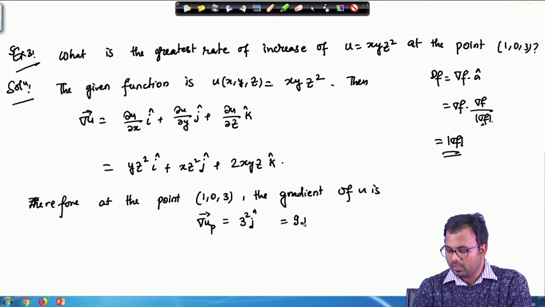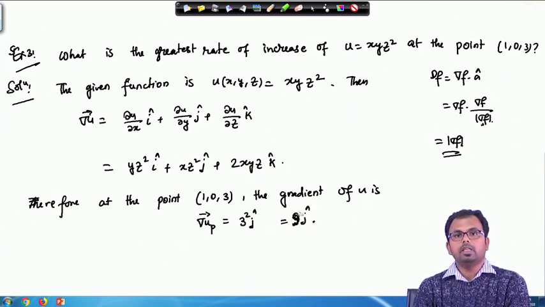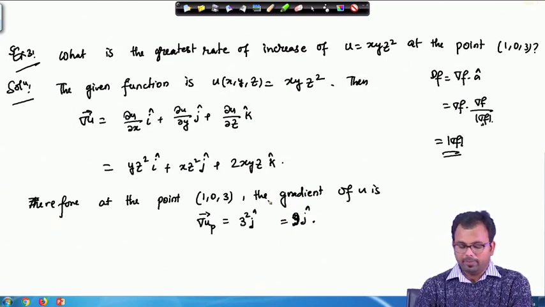So, basically 9j. That is our gradient of u at the point P.